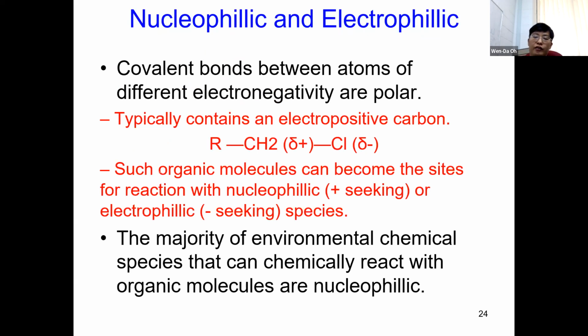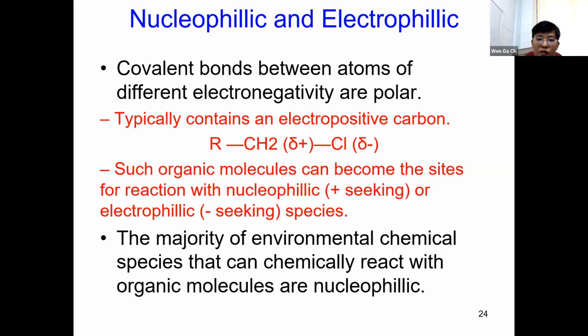Nucleophilic and electrophilic reactions happen because there's an imbalance of charge. Some may have positively charged structure, while the other one may have negatively charged structure. If we talk in terms of the bond, let's say we have two different atoms.